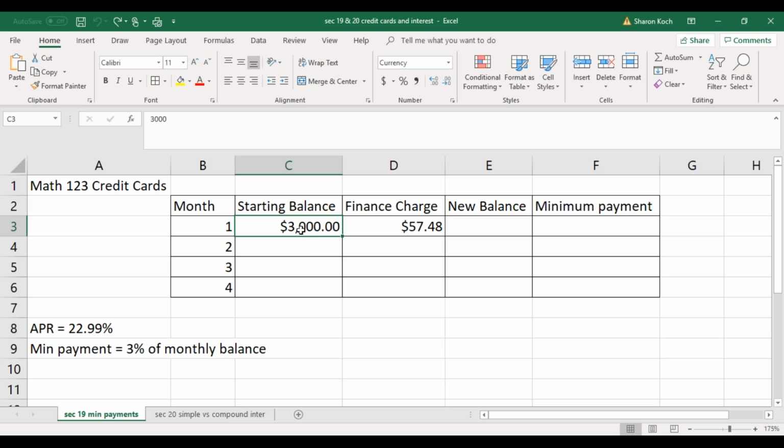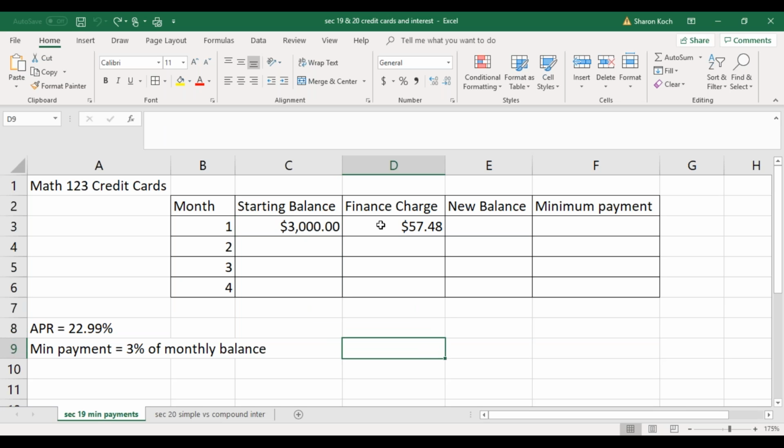If you right-click, it comes up with the formatting, and you just say you want it for money. Credit card companies go to the nearest penny, so you want it to go out to 2 decimal places. It's just not coming up right now. It'll probably come up right when I'm in the middle of something else.